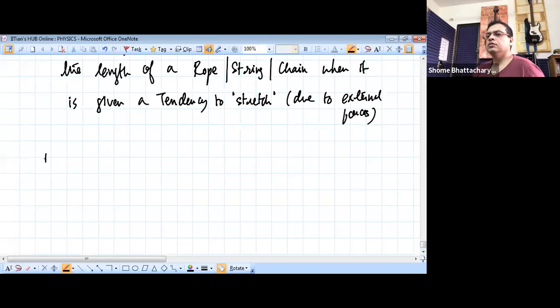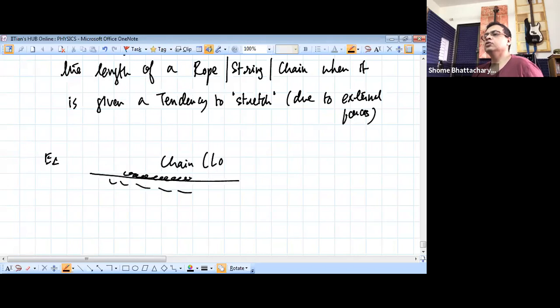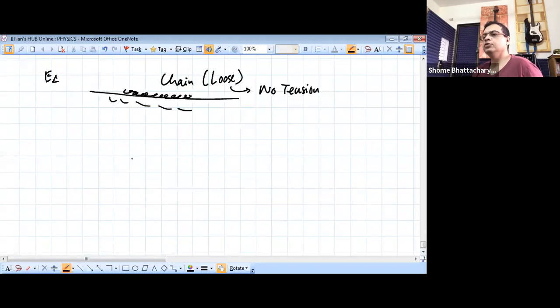So, for example, on a surface, you have just a chain like this. It is loose right now, so it has no tension. But next, on the chain, you're applying two equal and opposite forces from this side.